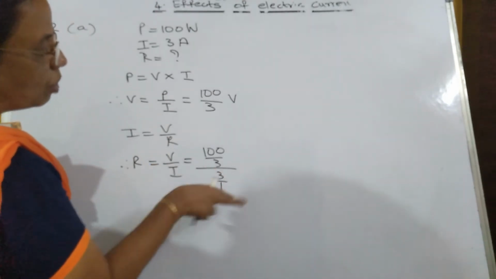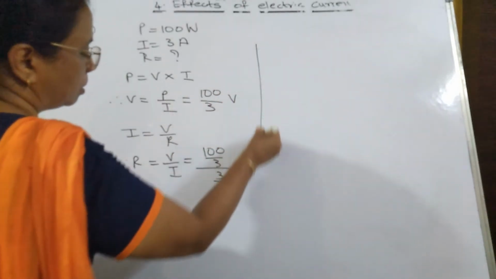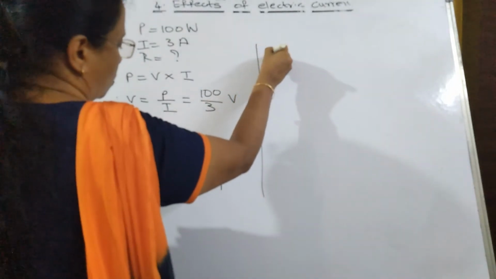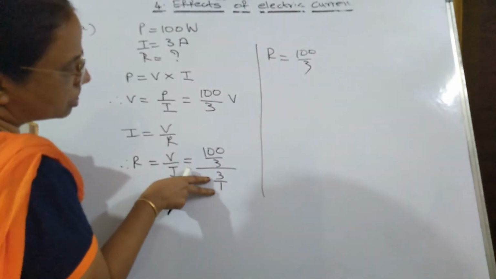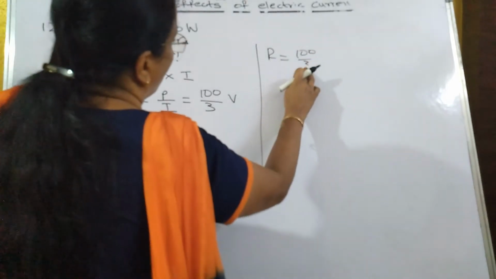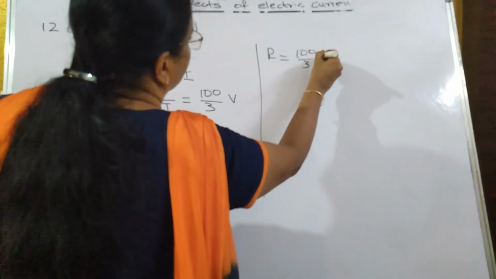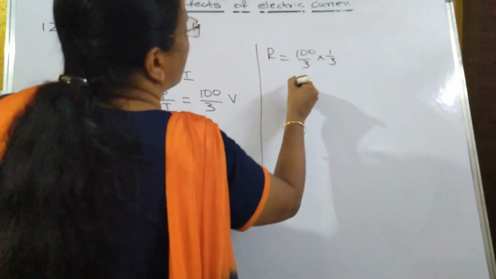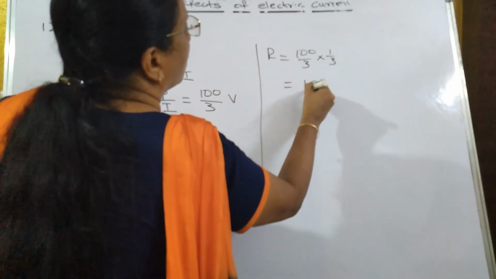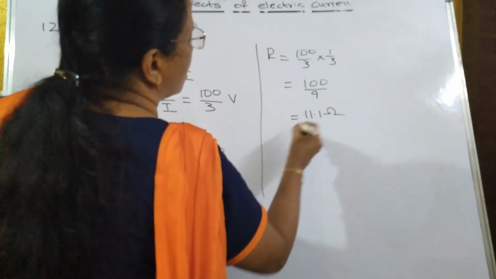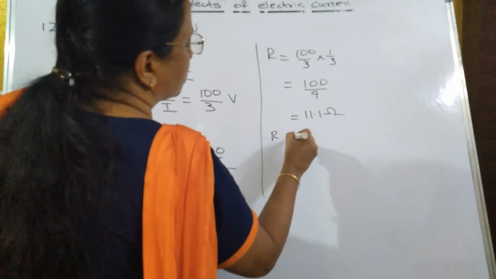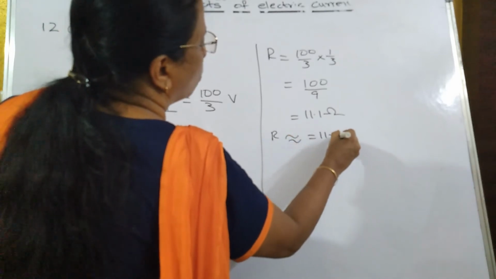When you take the denominator on the top, R is equal to 100 upon 3, and it becomes 1 upon 3, that's equal to 100 upon 9. When you divide this, you get 11.1 ohms. So R is approximately equal to 11 ohms.